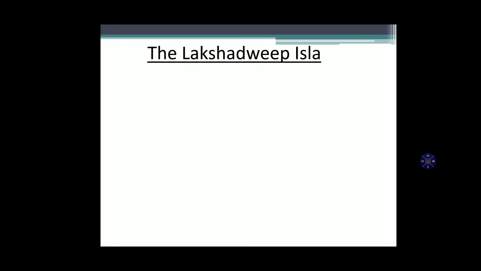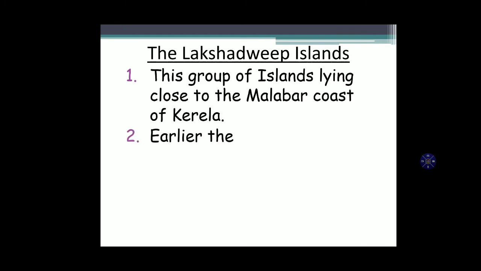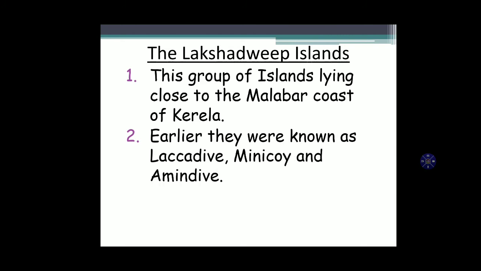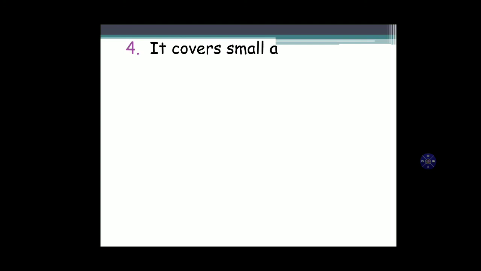The Lakshadweep Islands. First, this is a group of islands lying close to the Malabar coast of Kerala. Earlier, they were known as Laccadive, Minicoy, and Amindivi. In 1973, these were named Lakshadweep. It covers a small area of 32 islands.